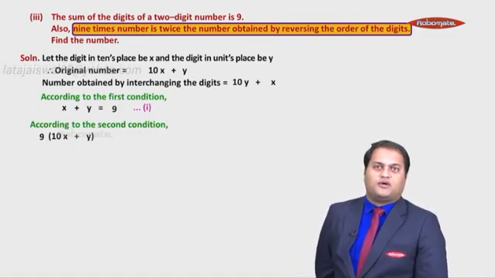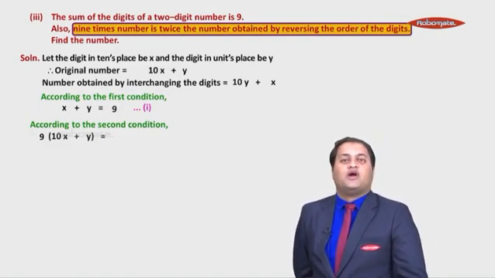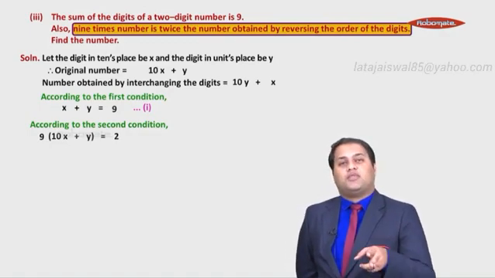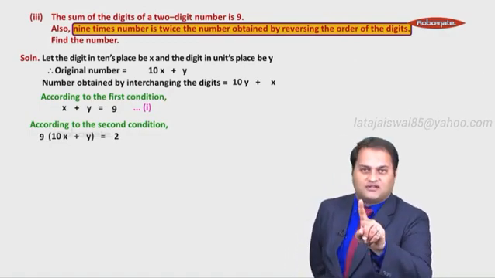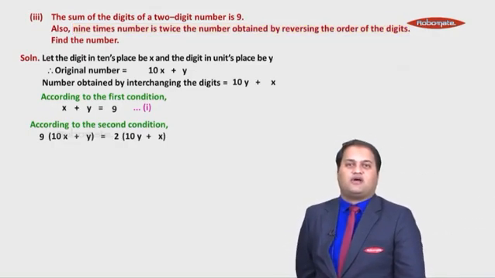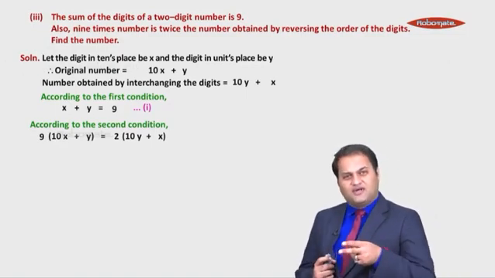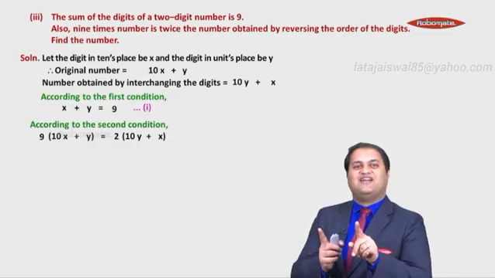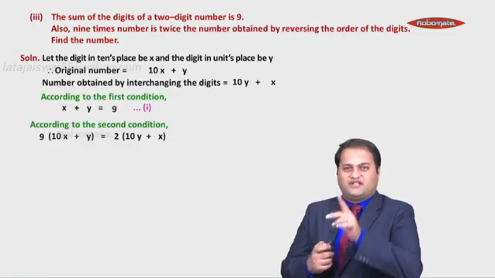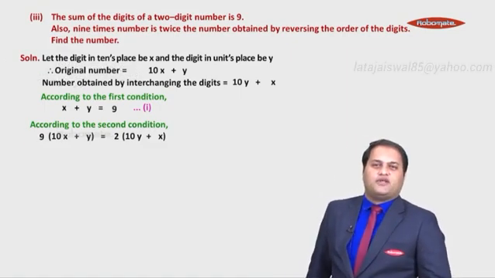This is equal to twice, that is 2 times, the number obtained by reversing the digits, the interchanged number. So it's twice the interchanged number, that is 2 into (10y plus x). So 9 times the number is twice the interchanged number. Clear? What is a number? What is an interchanged number? All concepts clear now?